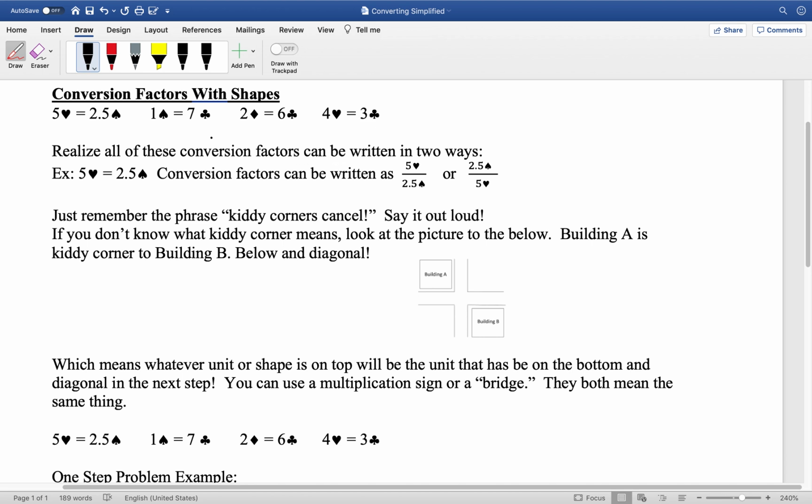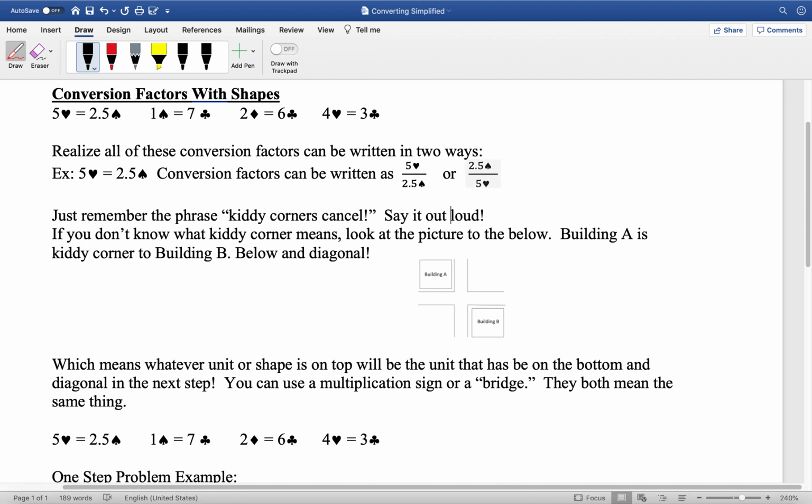Now, I want you to realize that all of the conversion factors here can be written in one of two ways. So for example, if I have 5 hearts is equal to 2.5 spades, that is a conversion factor, and that conversion factor can be written as a fraction, and you can decide how that equality is going to be written. You can write that as 5 hearts over 2.5 spades, or you can write that as 2.5 spades over 5 hearts.